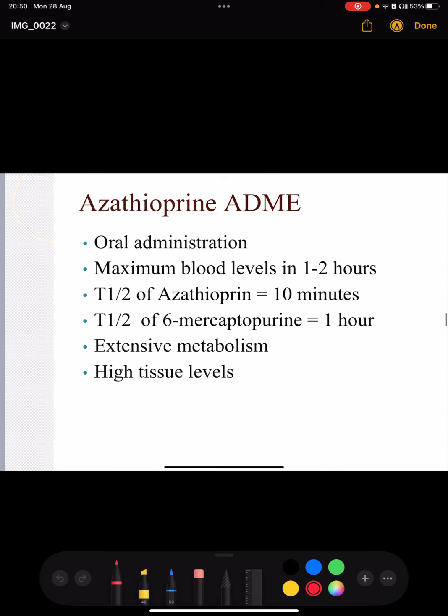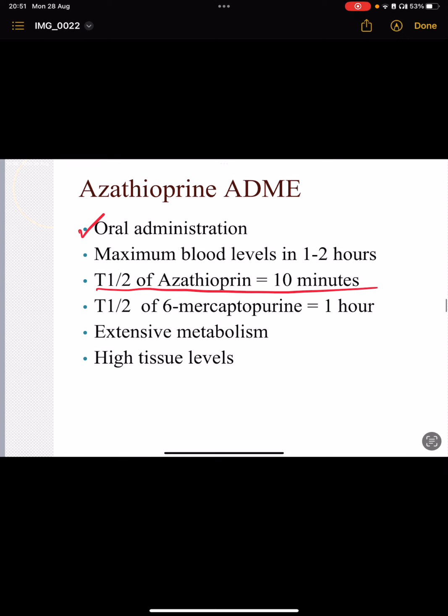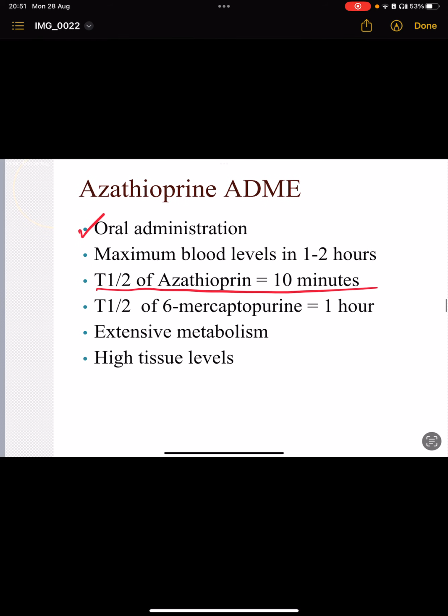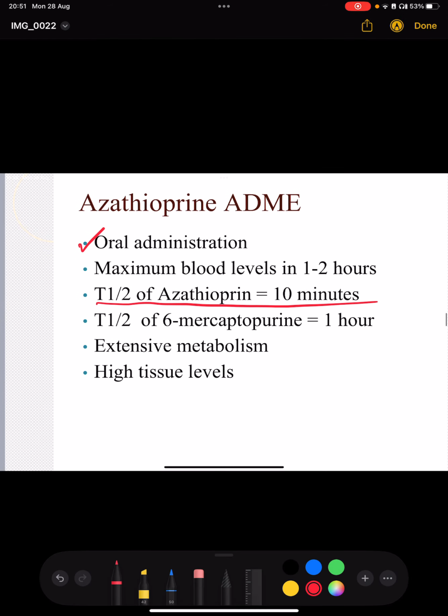Let's discuss its ADME. It is administered orally, again, just like sirolimus and everolimus. Maximum blood levels in 1 to 2 hours. The half-life of azathioprine is very short, just 10 minutes, so it gets broken down into 6-mercaptopurine really quick. And 6-mercaptopurine has a 1 hour half-life.